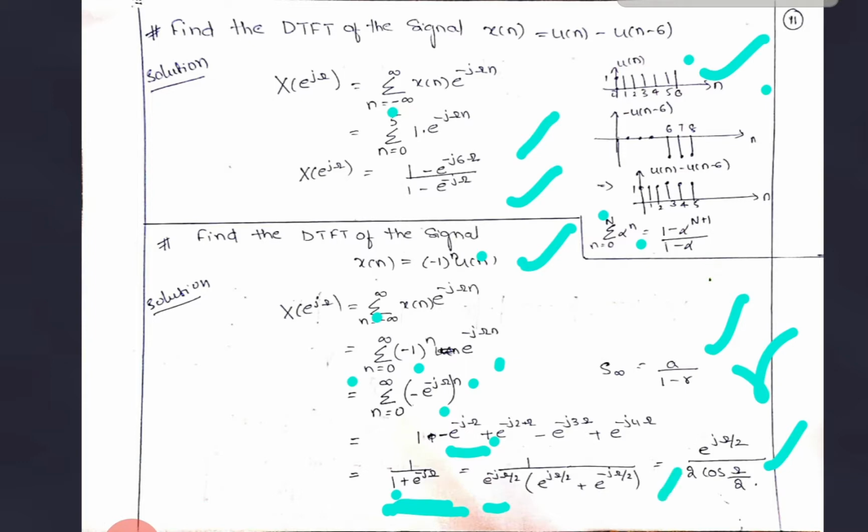Now multiplying this term, you get 2 times, multiplying by 2 and dividing by 2. Divided by 2 we are using to write the cos omega by 2, and multiplied by 2 we are using here e raised to j omega by 2 divided by 2 cos omega by 2.